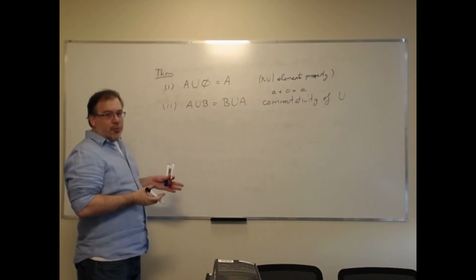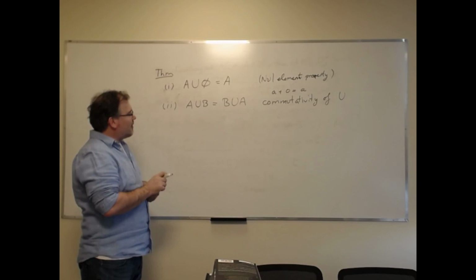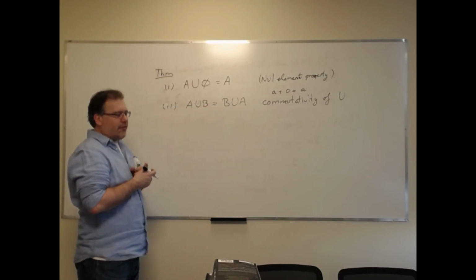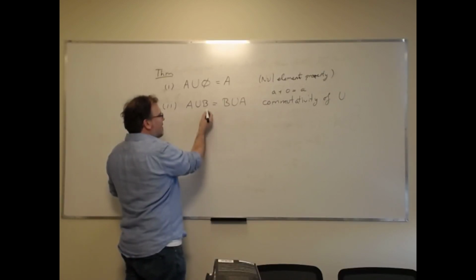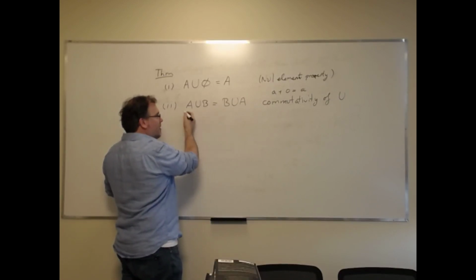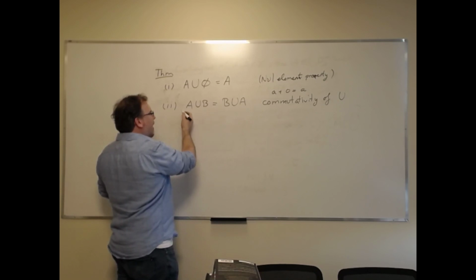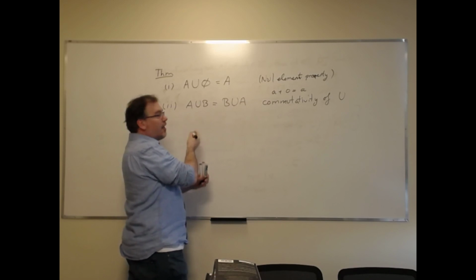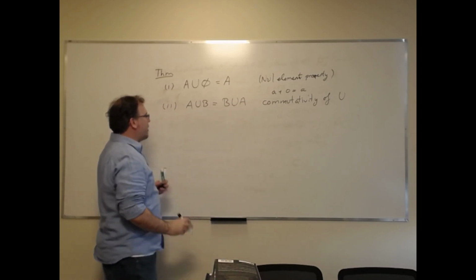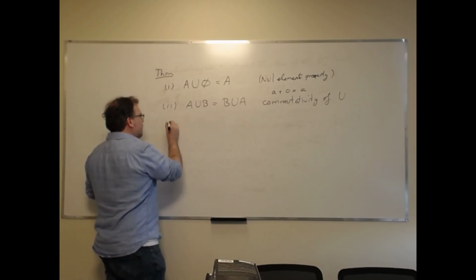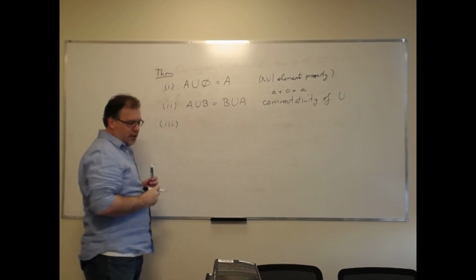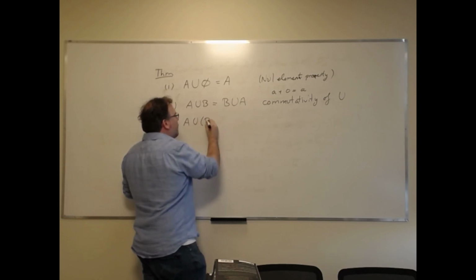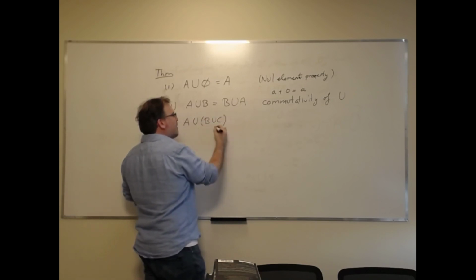If you try to do the proof, and you may have to do it, that's going to be based on the idea that this disjunction is commutative, because something is in that set, say X is in that set, if it's in A or it's in B. But that's the same as saying it's in B or it's in A, which gives you the membership condition for that. So that's straightforward.